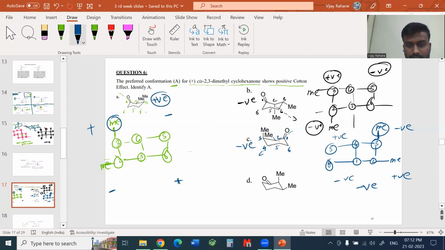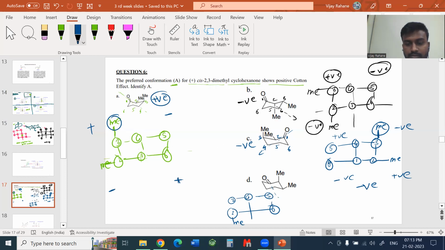And the last one. In the last one you can see the methyl is at axial. If you see from that side, then it will be on the left side, right? This 2, 3, 4, 5, 6, and at 2 where axial methyl is attached, and 3 equatorial methyl is attached.